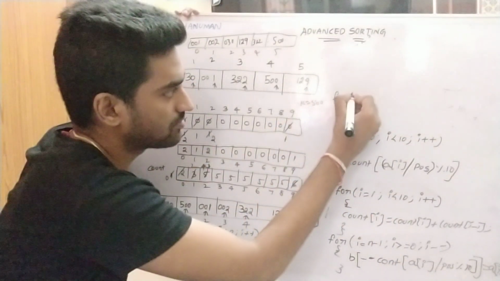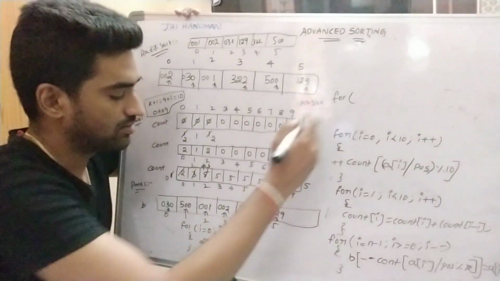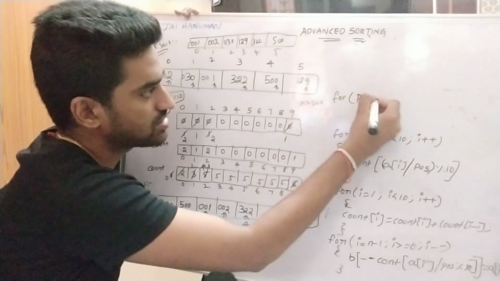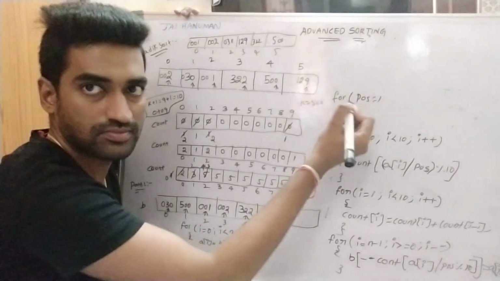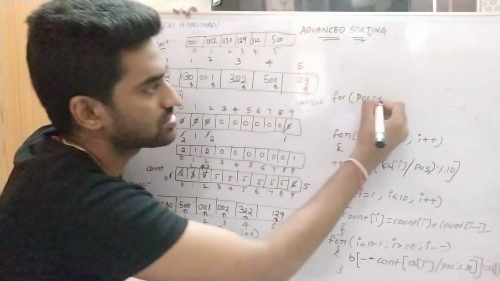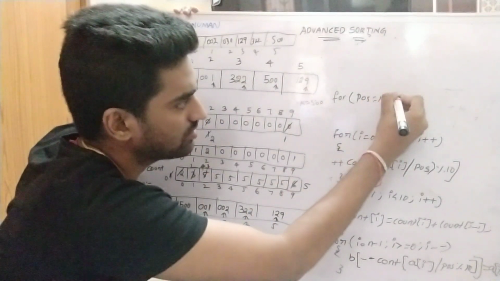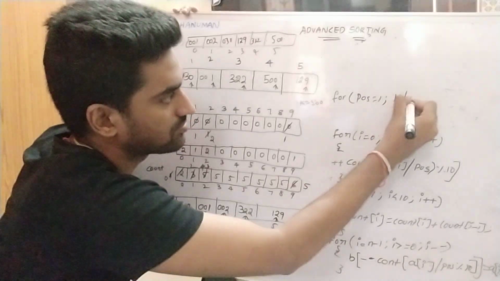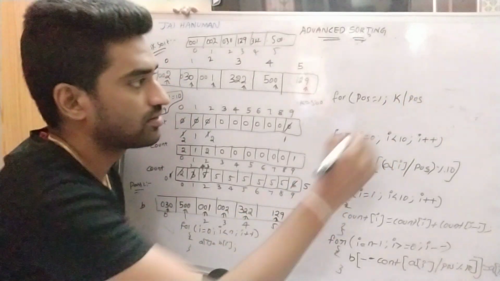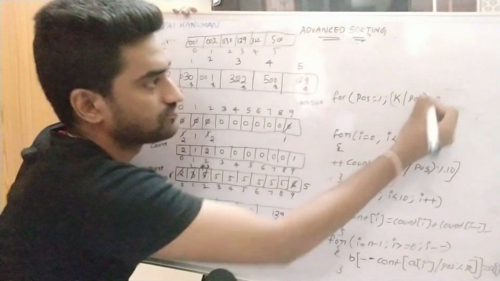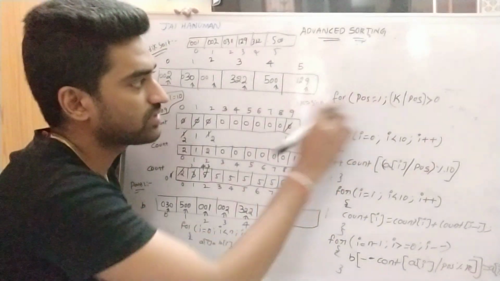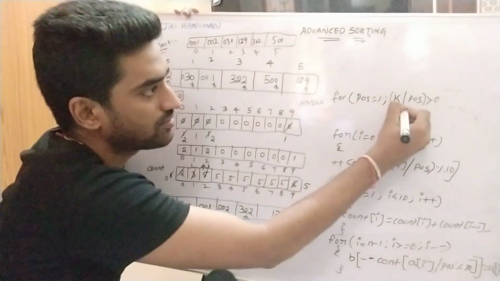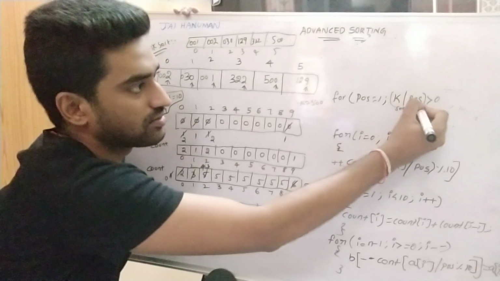That is for position is equal to 1. So the first pass starts from the first position. So position is equal to 1, k by position greater than 0. So in the first one, 500 by position 1 greater than 0.